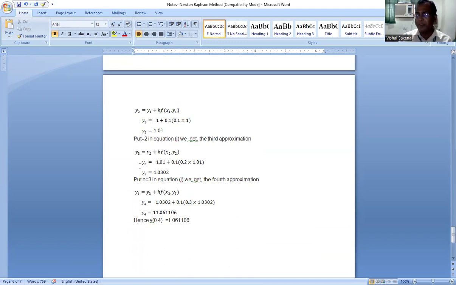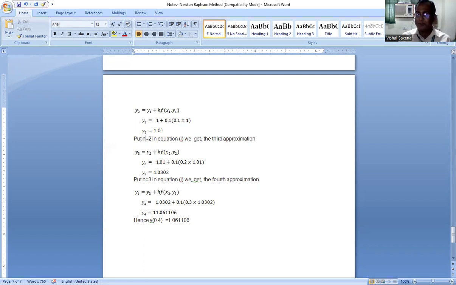Then we have to calculate y3. For y3 we put n equal to 2 in equation number 1, and we get y3 as y2 plus h into function f(x2, y2).